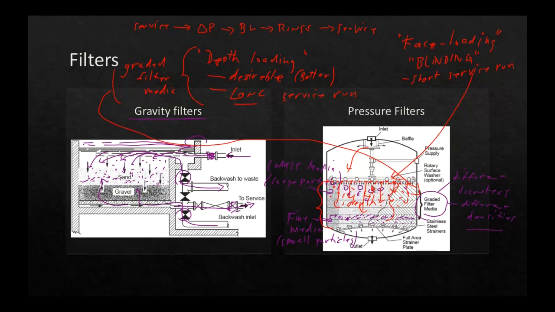Because if we've got large particles where the water first enters, it becomes easier for it to penetrate into the depth of the bed. So it becomes progressively finer and progressively denser, and we end up filtering throughout the entire depth of the filter instead of only at the surface of it. Make sense?